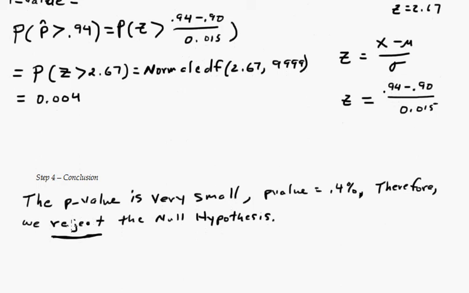Instead of rewriting the null, just say that, what do we want to say? We restate the alternative.